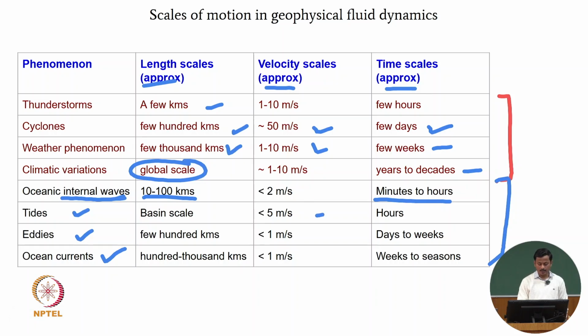These are of various length scales, some few meters per second, and this can now exist for hours and days to weeks, and weeks to seasons. So these are just some representative velocities, length scales and time scales of the phenomena that can happen in the atmosphere and the ocean.